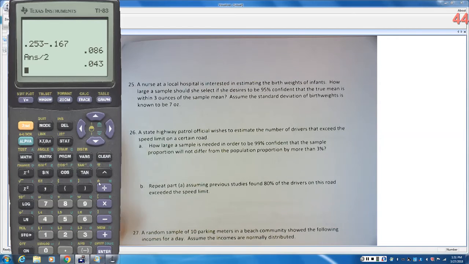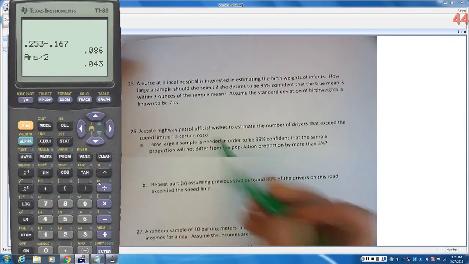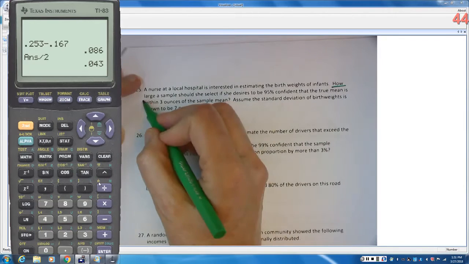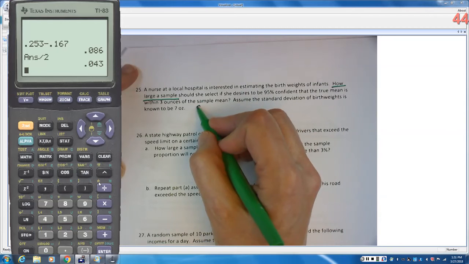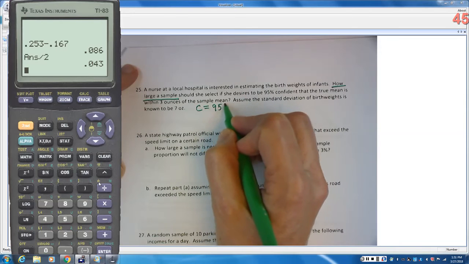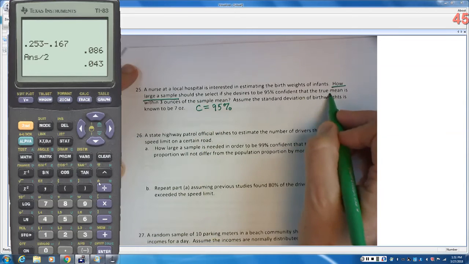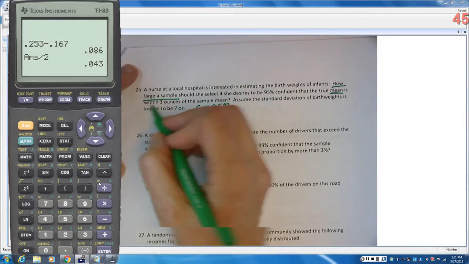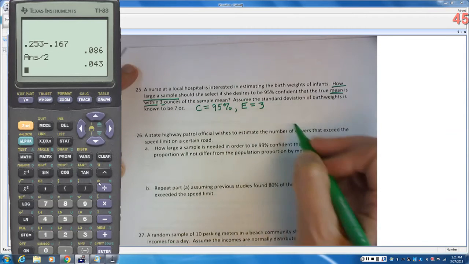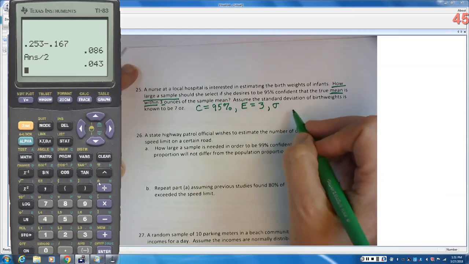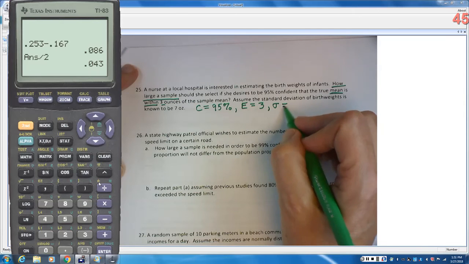So this is asking for sample size. How large a sample should she select if she wants to be 95% confident that the true mean is within 3 ounces, so our E is 3. Assume the standard deviation of birth weights is known to be 7.